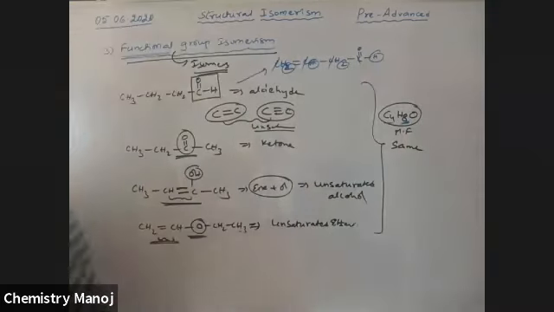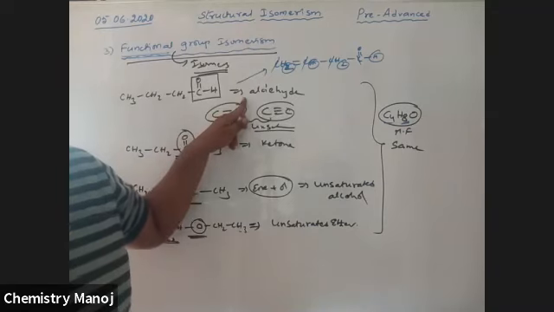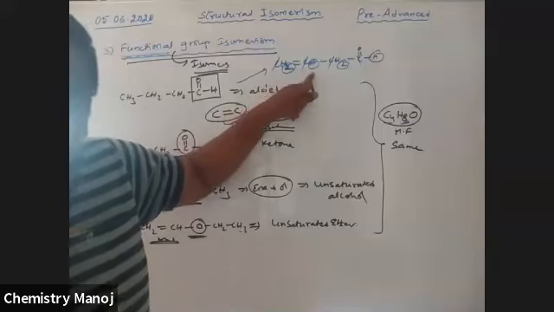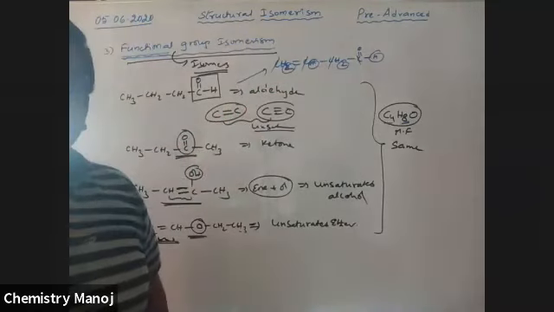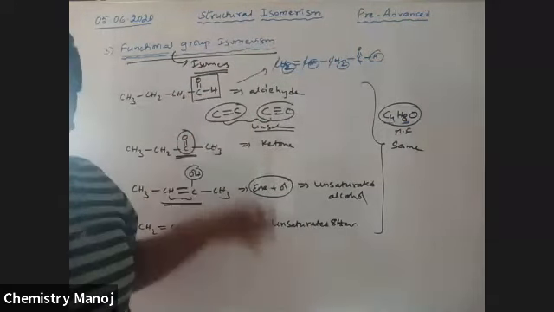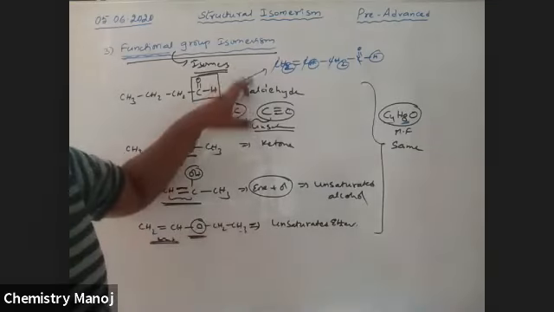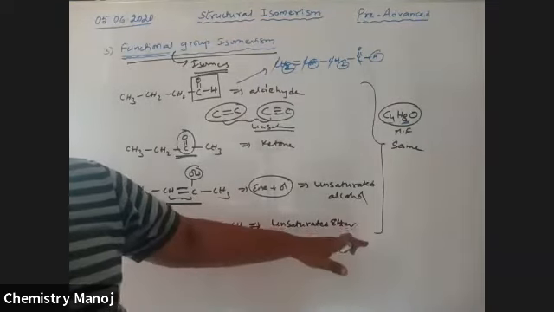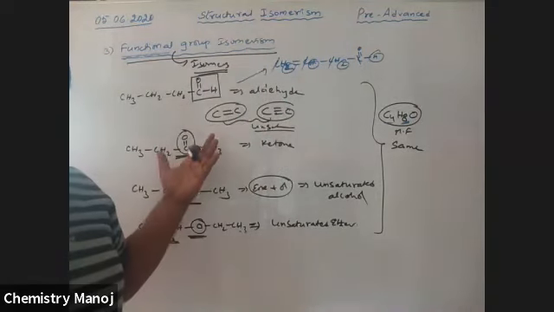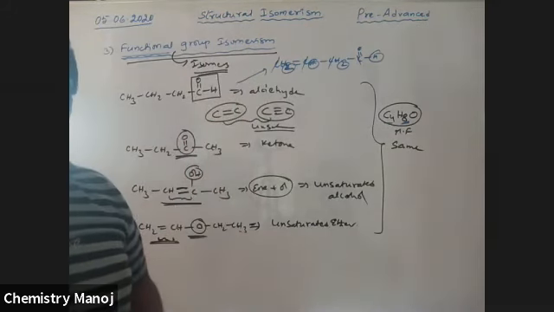But it should be 8. Is the molecular formula the same? Not the same. So first of all you should take the same molecular formula. That way these two are not isomers because the molecular formula is not the same. That class of compound may exist, but it is not an isomer of this one. Other classes of compounds may exist, but their molecular formulas do not match, so they are not considered isomers to these compounds.